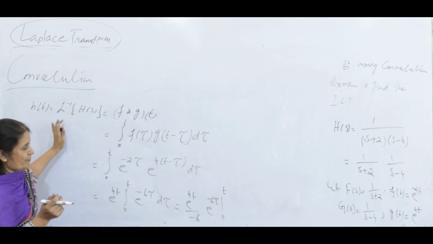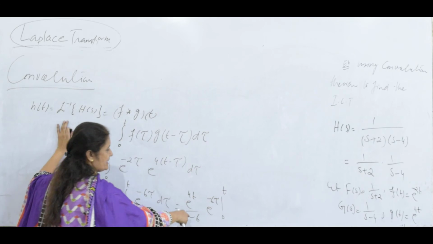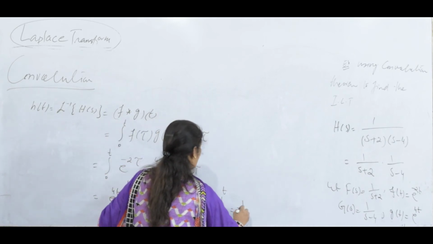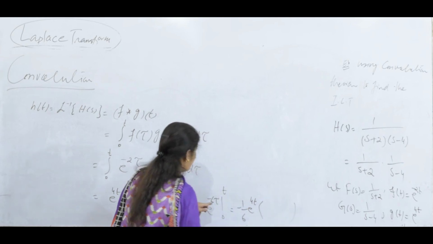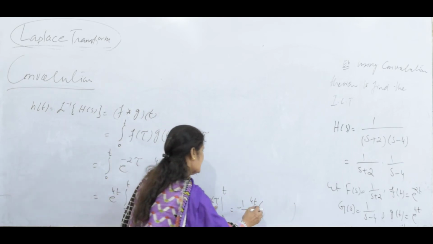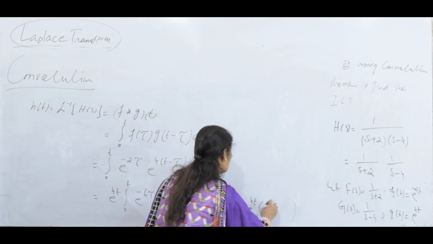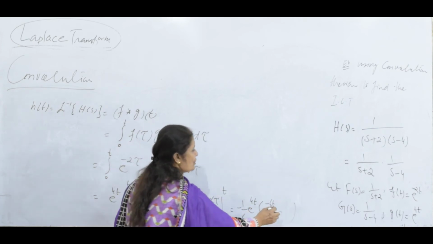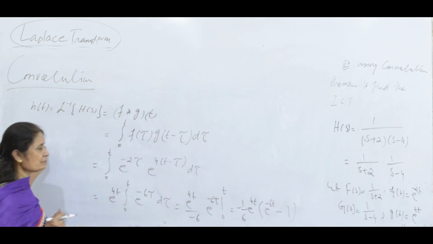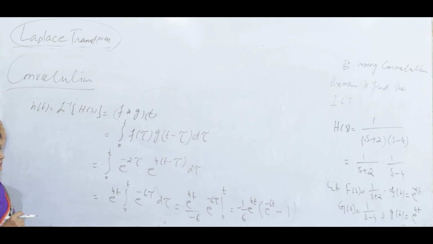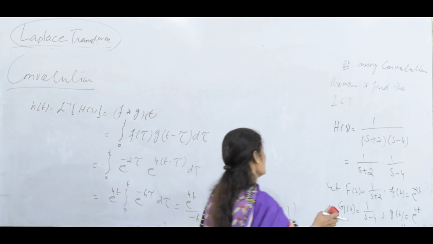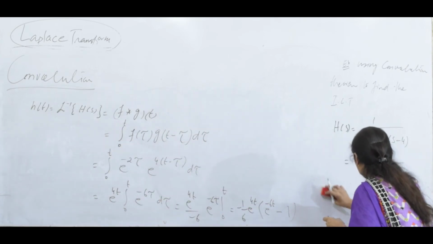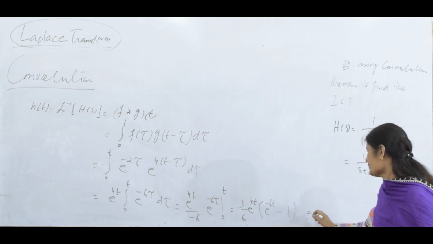Look at that. I am integrating, the minus 6 is in the denominator. This is minus 1 over 6, e to the 4t. Let me replace tau by t, e to the minus 6t. Then tau by 0, e to the 0 is 1. This is the answer, but let me simplify it further.